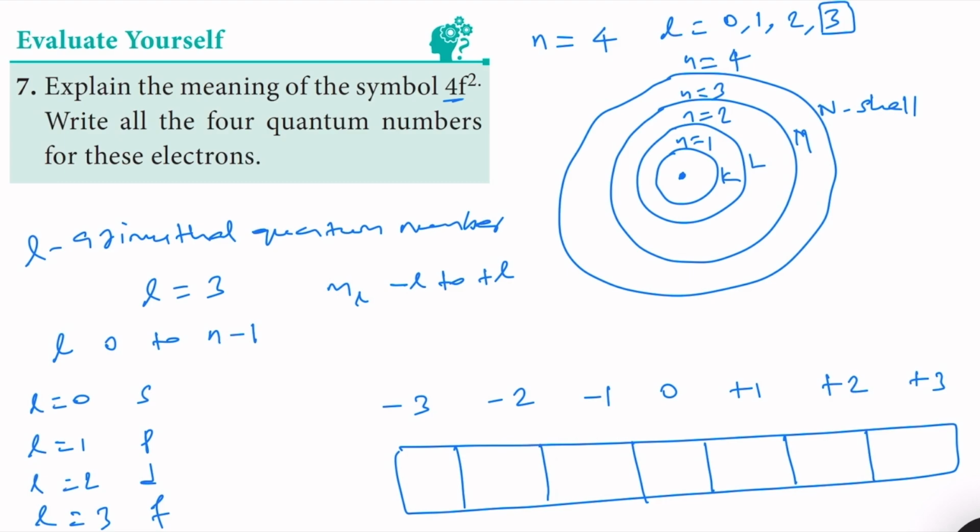However, we only have 2 electrons. So, for one electron it is going to be minus 3 and for the other electron it is going to be minus 2. How about spin quantum number? Both the electrons will have plus half, that means they are up spin or rotating clockwise.